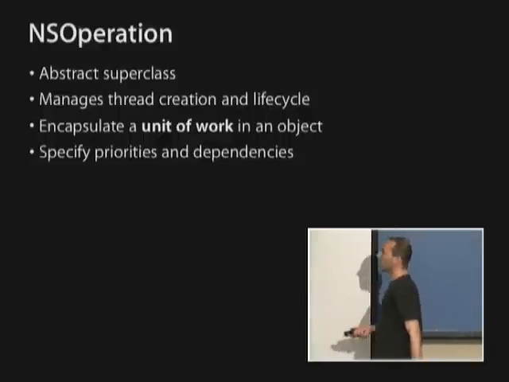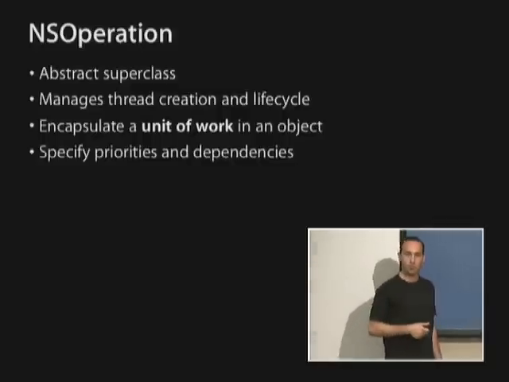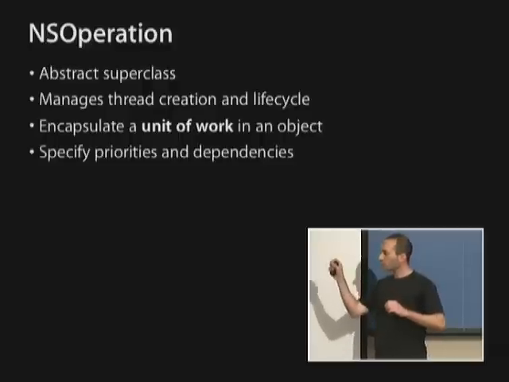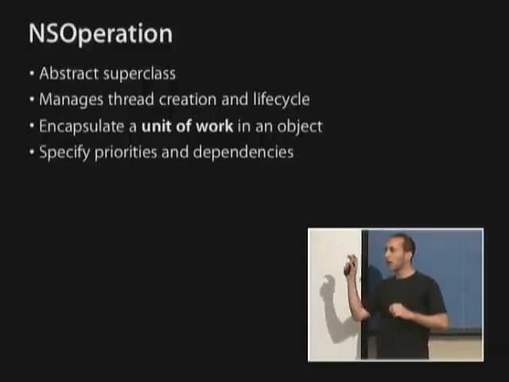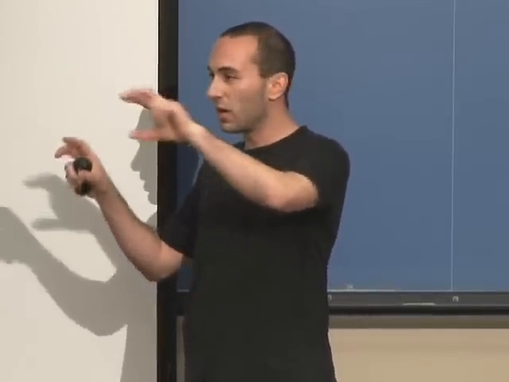And with that object, you can specify its priority and its dependency on other operation objects. So if you have a tree of operations that need to occur, you can say that this one, which calculates this set of data, can't happen until this operation is complete, which goes and fetches some set of data. And here's another operation that fetches something else, and that's even more important. And there's something called a queue that will organize all that for you.